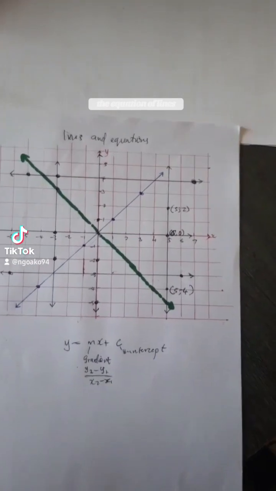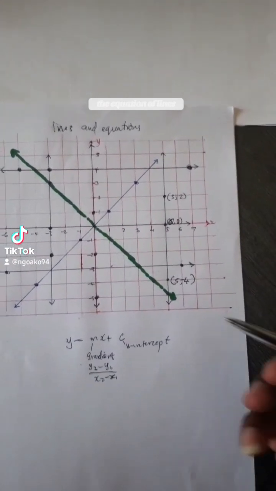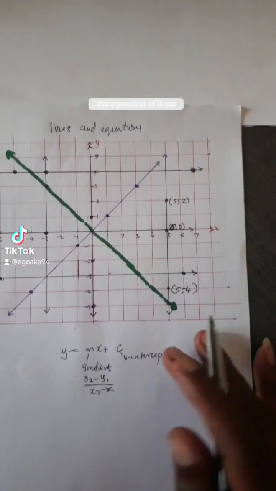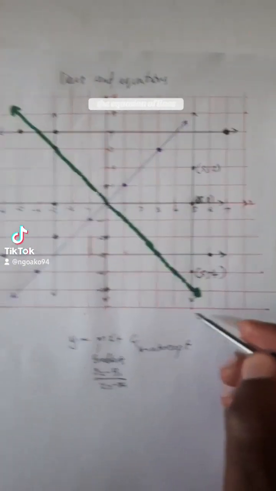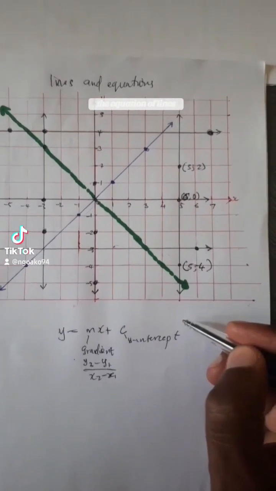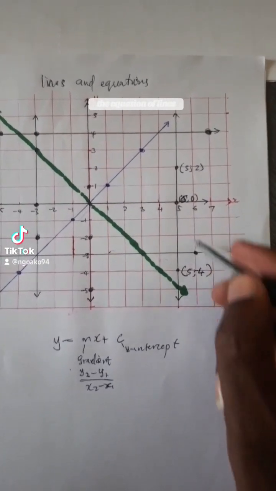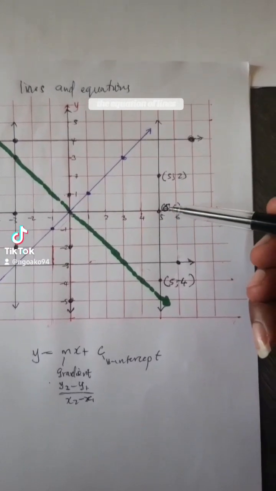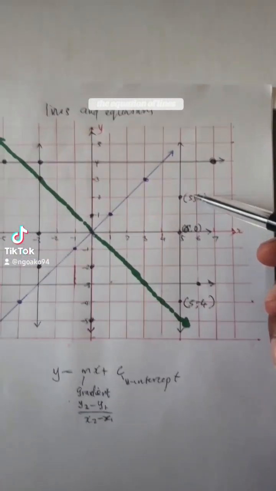Alright. Now having a line like this, of course, let's try to find the gradient of this line. So the gradient of this line, we can pick any two coordinates. So let's pick this point and this point.